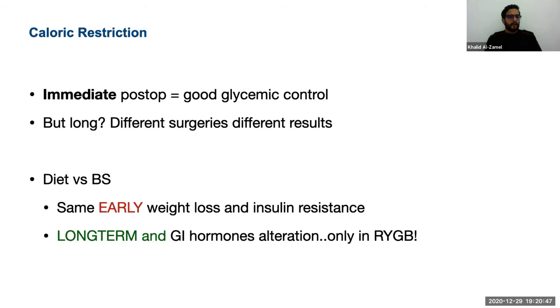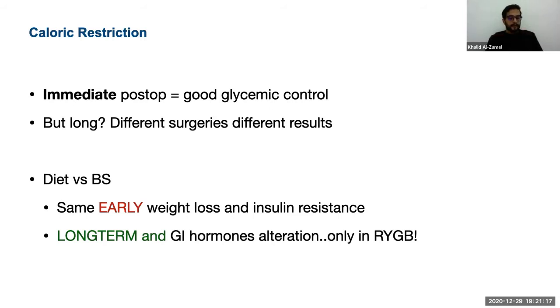If we go to caloric restriction, we know that in the immediate post-op, calorie restriction will play a big role in weight loss and glycemic control. But for how long? Because, again, different surgeries, different results. So if we compare diet versus bariatric surgery, actually, this is research that was done comparing diet versus bariatric surgery.